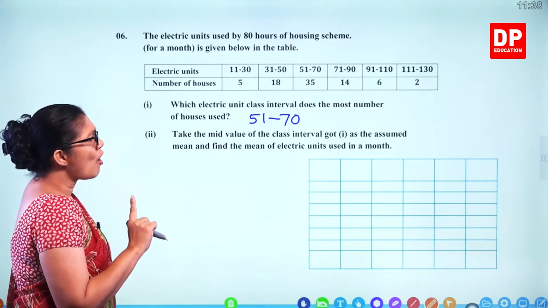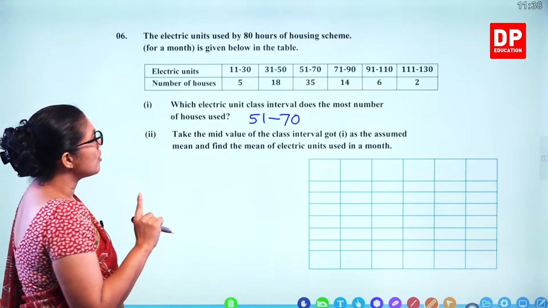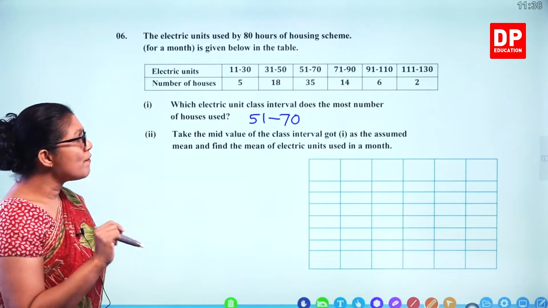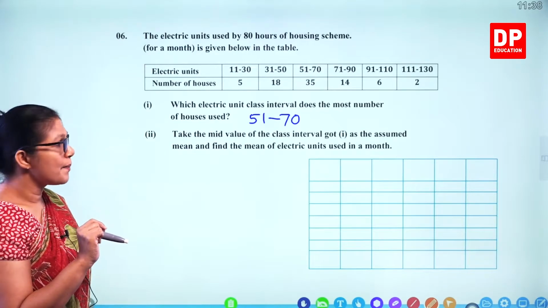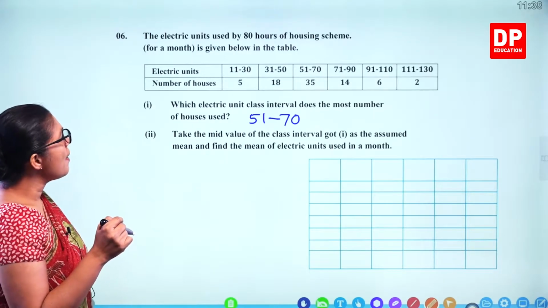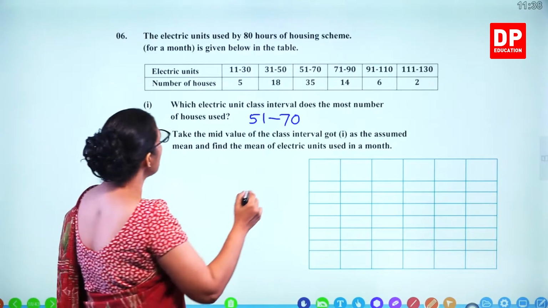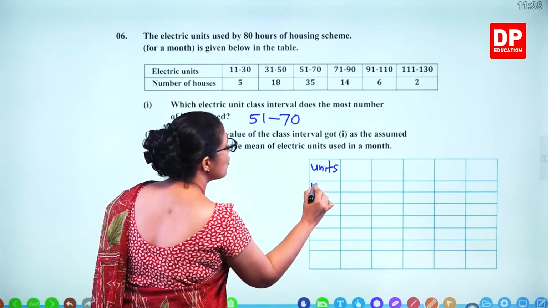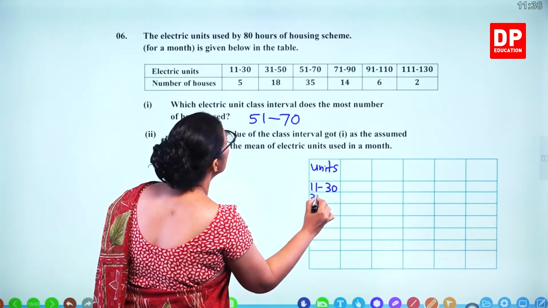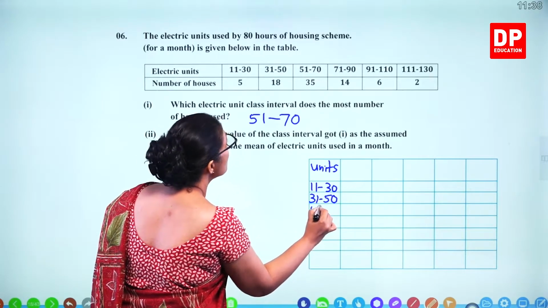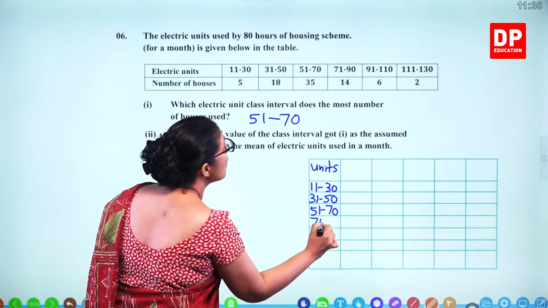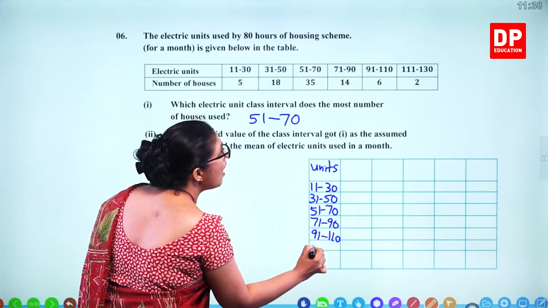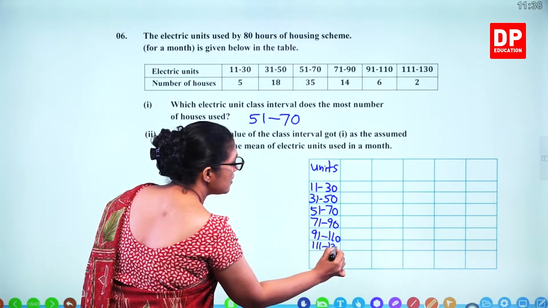Take the mid value of the class interval got in the first part as the assumed mean and find the mean of electric units used in a month. So we need to calculate the mean value. So we have to write down these units: 11 to 30, 31 to 50, 51 to 70, 71 to 90, 91 to 110 and 111 to 130.